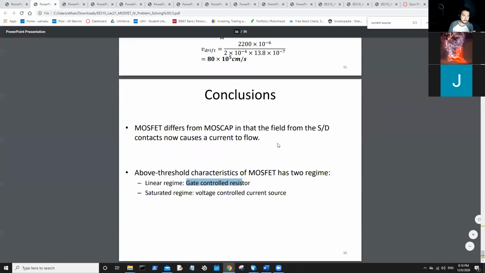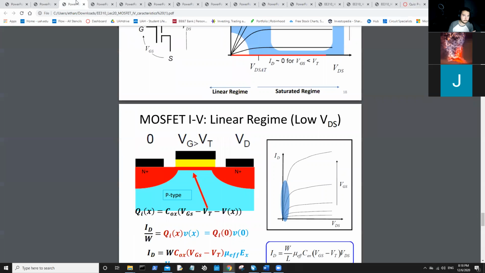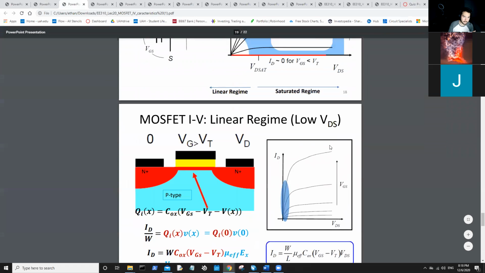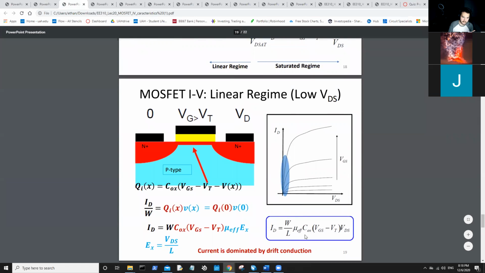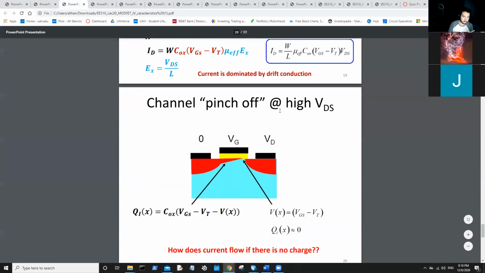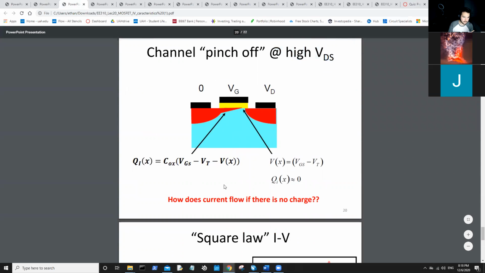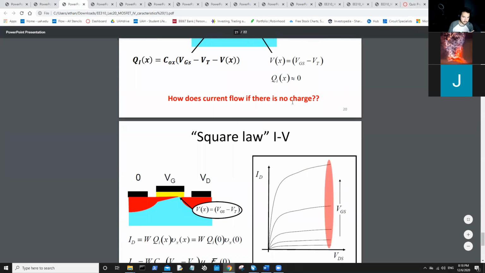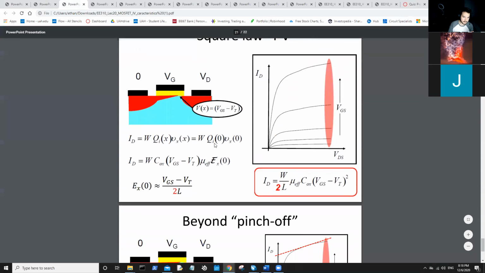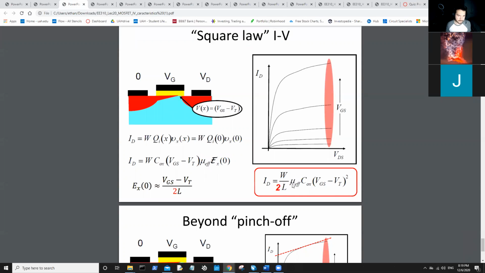And I'm inclined to believe that this is the formula we use for the next question, because it says low VDS. Channel pinch off at high VDS. How does current flow if there's no charge? So I think this is what we're looking for. This is the equation we'll be using for this question. Beautiful.